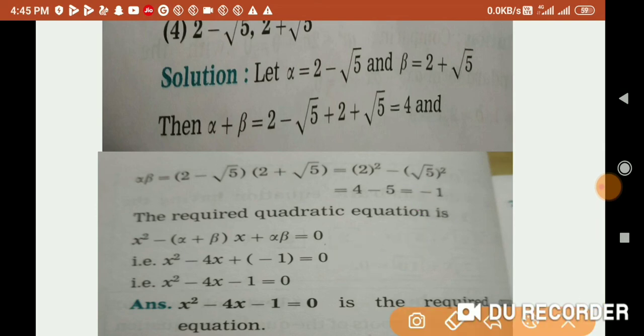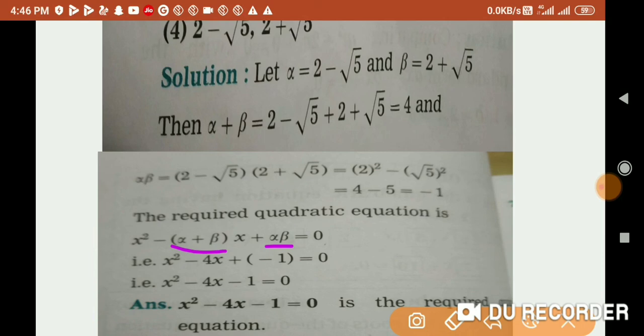Understand? Now see, the required quadratic equation is x square minus, inside the bracket, alpha plus beta, bracket complete, x plus alpha into beta is equal to 0. Now substitute the value of alpha plus beta and alpha into beta.